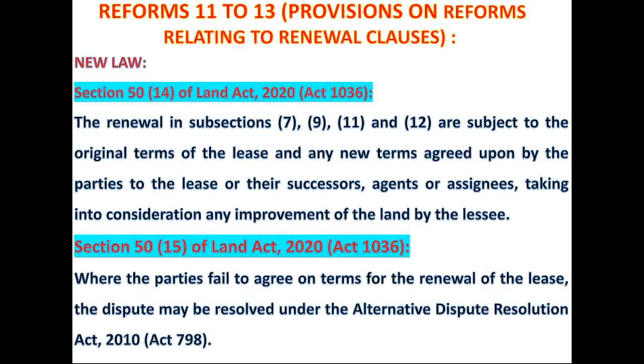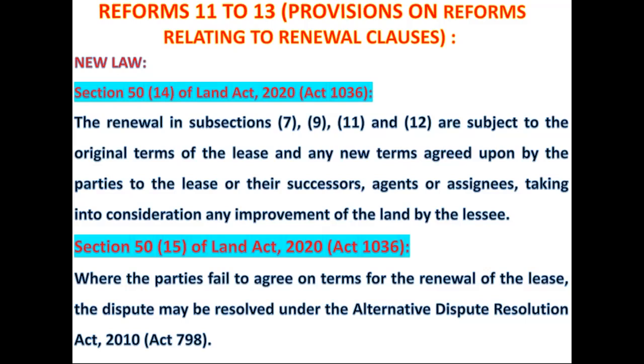Then section 50, subsection 15 reads as follows: where the parties fail to agree on terms for the renewal of the lease, the dispute may be resolved under the Alternative Dispute Resolution Act of 2010, Act 798. That's a very important provision.